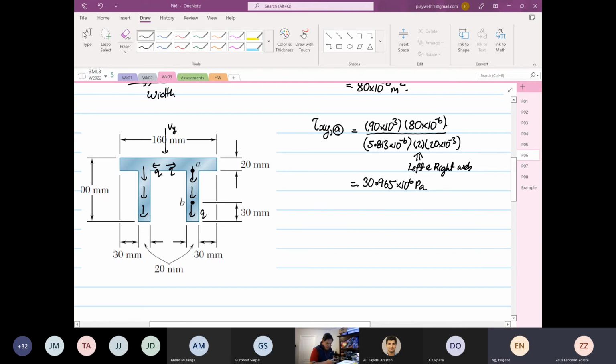Let me do it again. 30.965 is correct. That is the shear stress at point A.